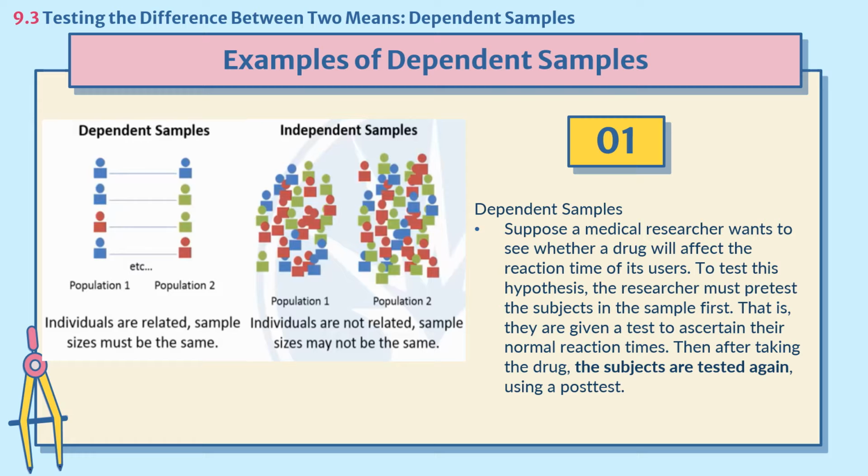So, yung researcher ay itetest muna yung mga samples para sa pre-test niya. And then, pagkabigay ng drugs, itetest ulit niya yung mga samples for the post-test. So, the means of the two tests are compared to see whether there is a difference. Since the same subjects are used in both cases, the samples are related. So, they are dependent samples.